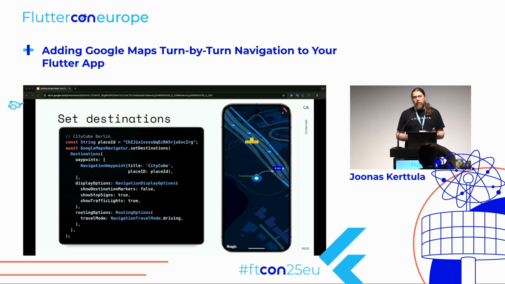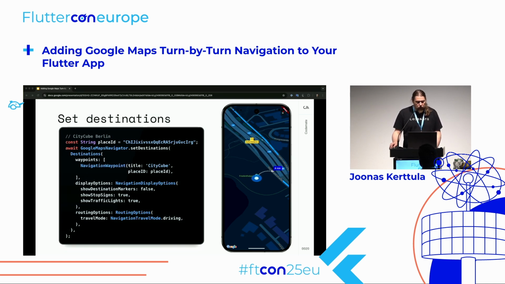So the next thing you normally want to do with the navigation is set the destinations. You can use a few ways to set the destinations. The first one is to use place IDs. And I have to say that you don't have to put only one waypoint. You can put multiple. It's a list of waypoints. You can use place IDs or the locations of the places you are targeting, given in latitude and longitude.